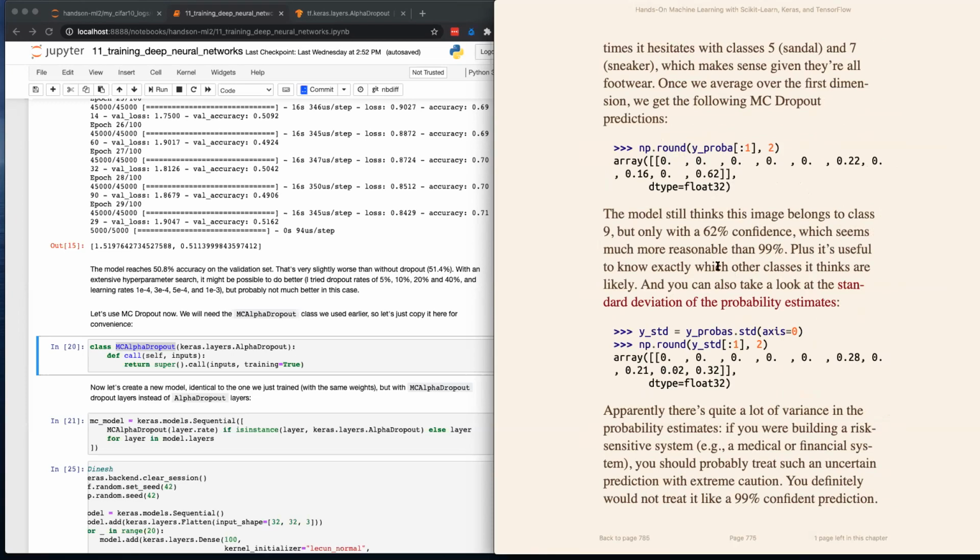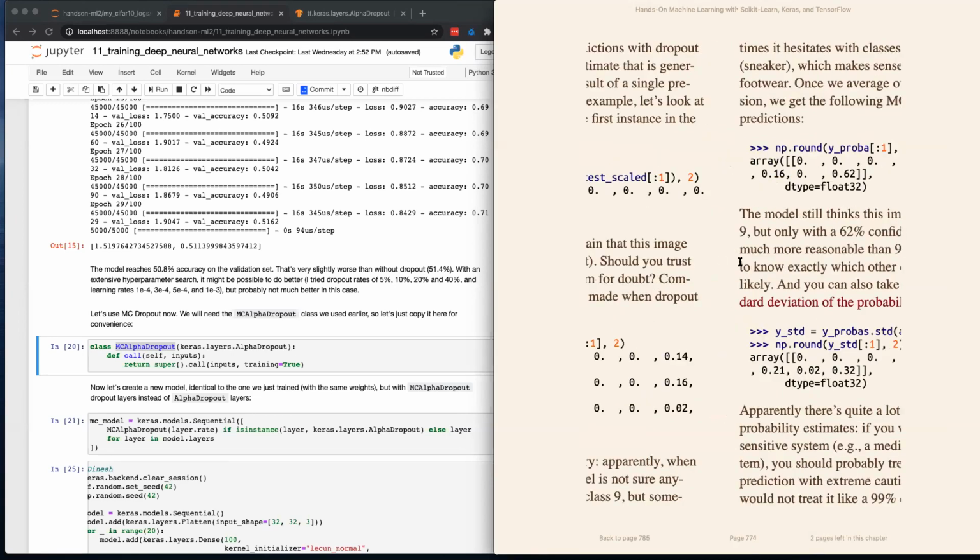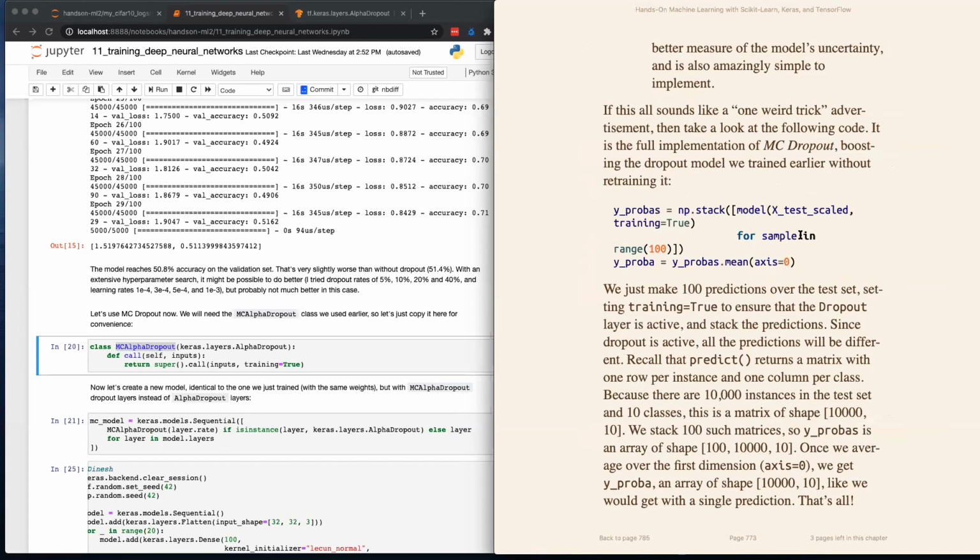Where I was looking, I think this is the one he's saying, the mean of the probability. So you have taken a sample of 100, so you're getting 100 probabilities, and then you're getting a mean of those probabilities. So when you use a Monte Carlo dropout, for the same test input, you're going to use it 100 times.